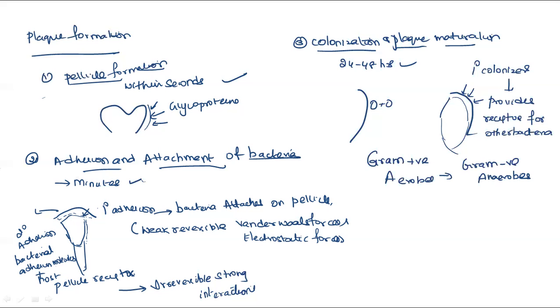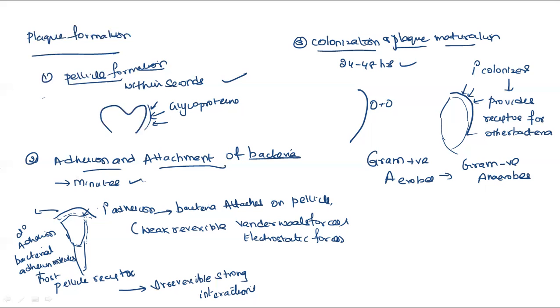Primary adhesion is where bacteria attaches to the pellicle with weak van der Waals forces and electrostatic forces, and the secondary adhesion has irreversible strong interactions. Colonization and plaque maturation occurs within 24 to 48 hours, where the primary colonizers provide receptors for other bacteria, and the bacteria change from gram-positive aerobes to gram-negative anaerobes.